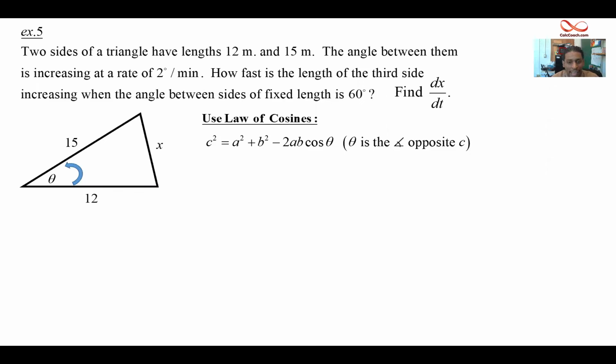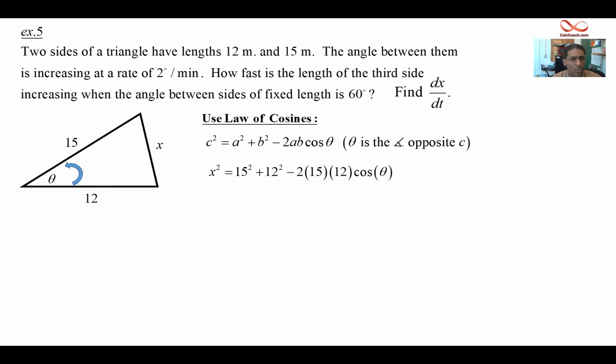So we plug in and we get that x squared is equal to 15 squared plus 12 squared minus 2 times the product of 12 and 15 times the cosine of the angle between them, the one that's opposite the x. So 15 squared is 225. 12 squared is 144.